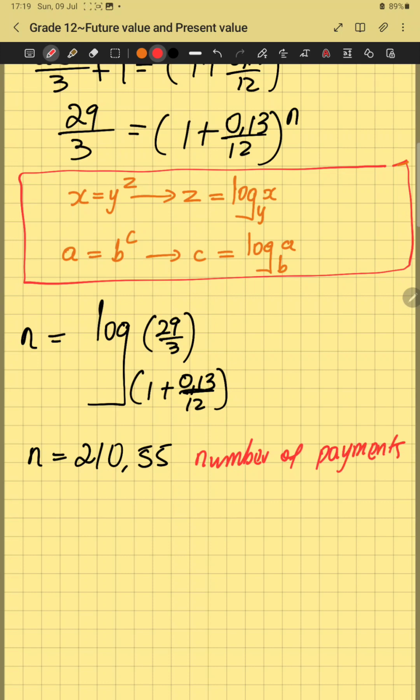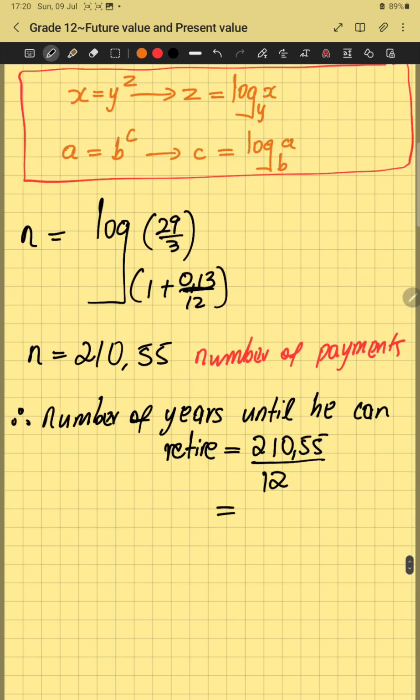Okay, remember now, if we want to get the number of years, because they say the compounding period is 12, we have to divide this value by 12, because the number of payments means these are the number of months. So the number of years until he can retire must be this value, 210 divided by 12.